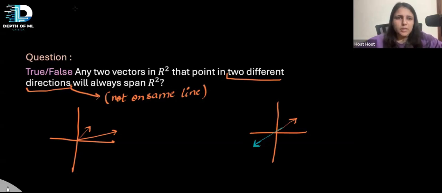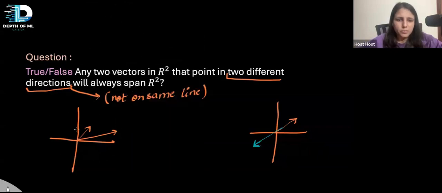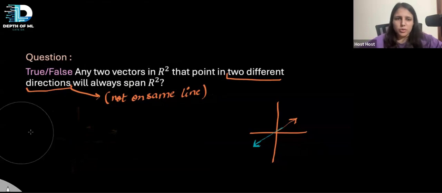Now I've added this particular constraint here, that they're not on the same line and are pointing in two different directions. So I've added this constraint, and then this is true, right?